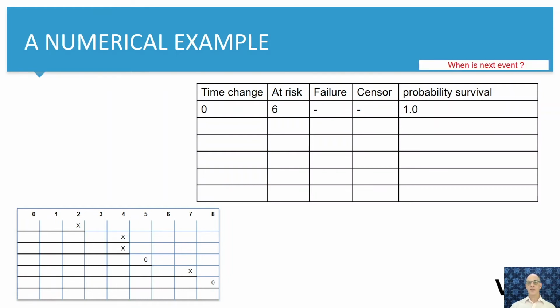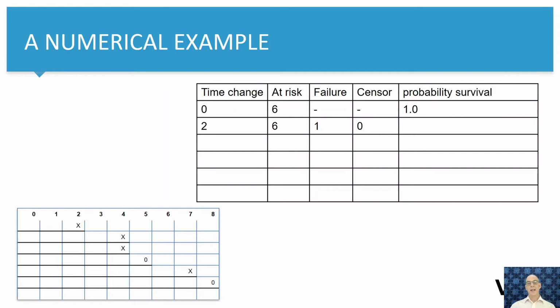So when is the next event happening? The next event happens at period 2. And how many people are then at risk at period 2? Well, that are the same 6 people, because everybody was event-free until the end of period 0. And what happened at point 2? That's actually a failure. One person failed and nobody was censored. Nobody was leaving the study.